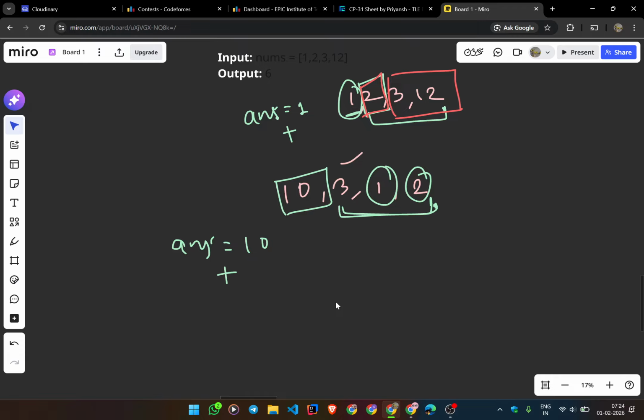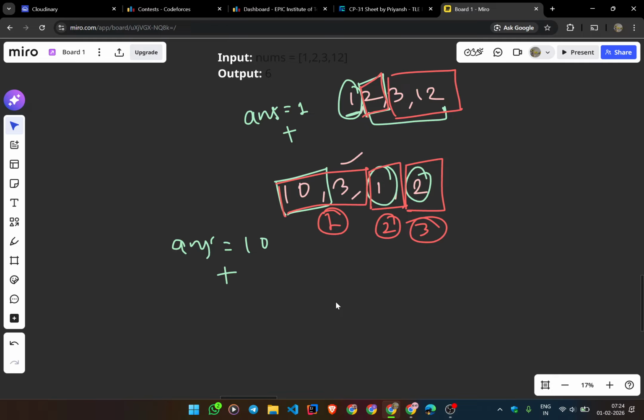Then how will we make the partitions of the subarrays? 10 will be extended up to the 3, and then 1 will be like this and 2 will be like this. So this will be the first subarray, then second, then third. In this way we will partition it.